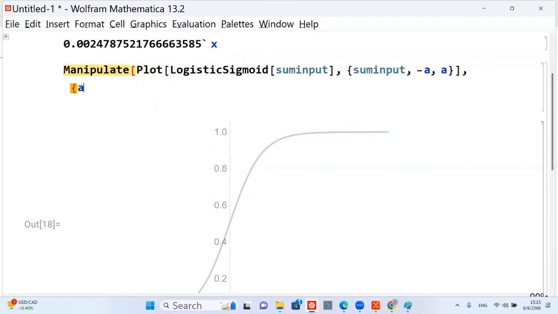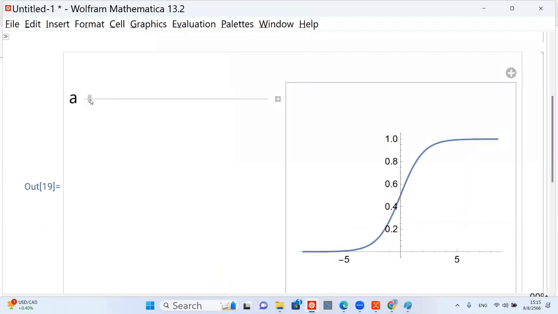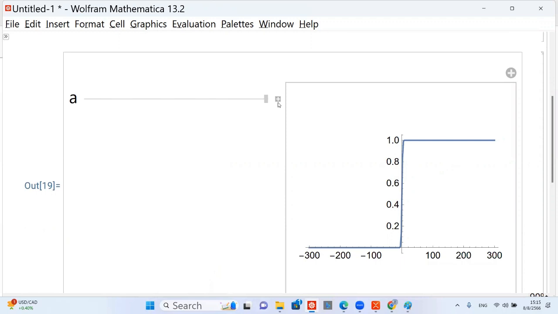And A from, I don't know, 1 to 100, 1 to 200, yeah, whatever. Doesn't matter. I don't care. Okay. So now if I move this A, you can see that it's sharper. Okay. So virtually it becomes a digital thing, right?